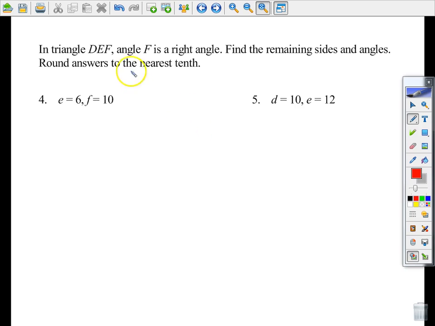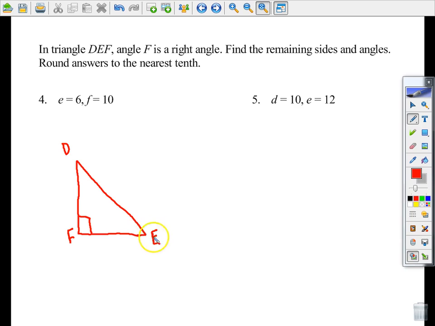Numbers 4 and 5 deal with the triangle DEF, and angle F is a right angle. I'm going to draw two different right triangles, one for each of these problems. F is the right angle, so I'm going to call this angle D and this angle E. In number 4, we're told that side E is 6.